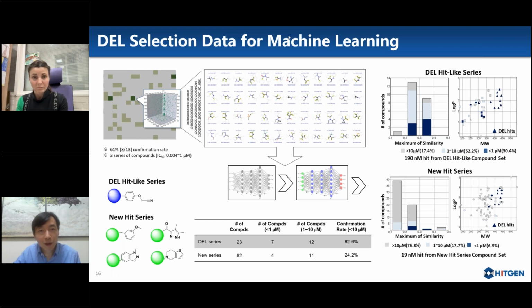But some of the medicinal chemists are not quite happy with them. Why do these compounds contain the same moiety? So we put effort into seeing whether we can use AI machine learning to find new compounds without this enriched moiety. We call this the new series.